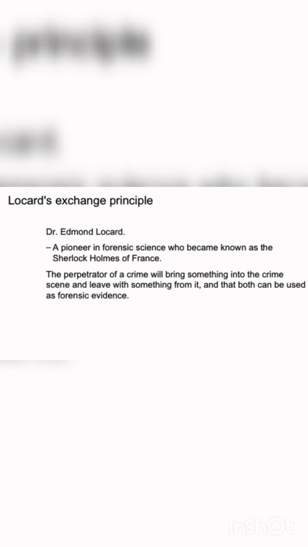If we talk about forensic science, we need to talk about Locard's exchange principle. Dr. Edmond Locard is a pioneer in the forensic science scene, and he became known as the Sherlock Holmes of France. He came up with this principle that is true for the physical world as well as the technical or computer world.